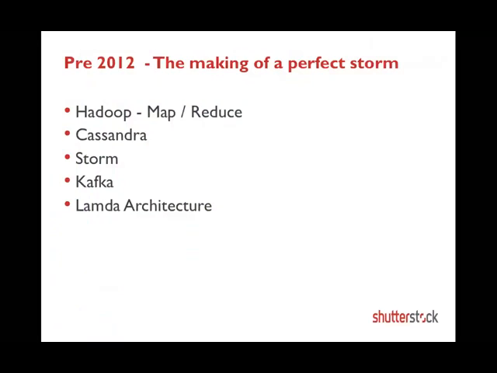So let's look at pre-2012, what the state of the union was, what was going on, where things were happening. And you have this making of a perfect storm. We had Hadoop. It was around long before then. The Google paper came out in 2003. MapReduce, simplified data processing, came around 2004.